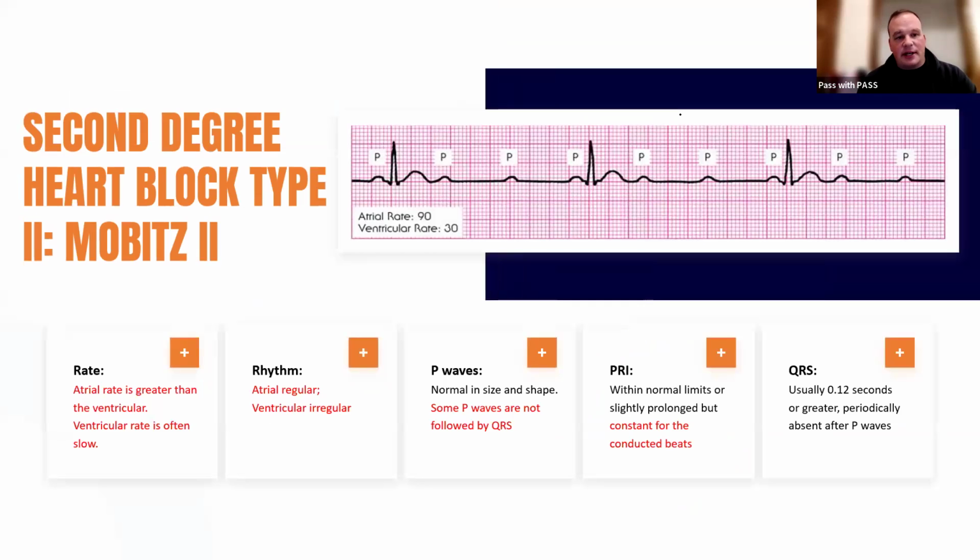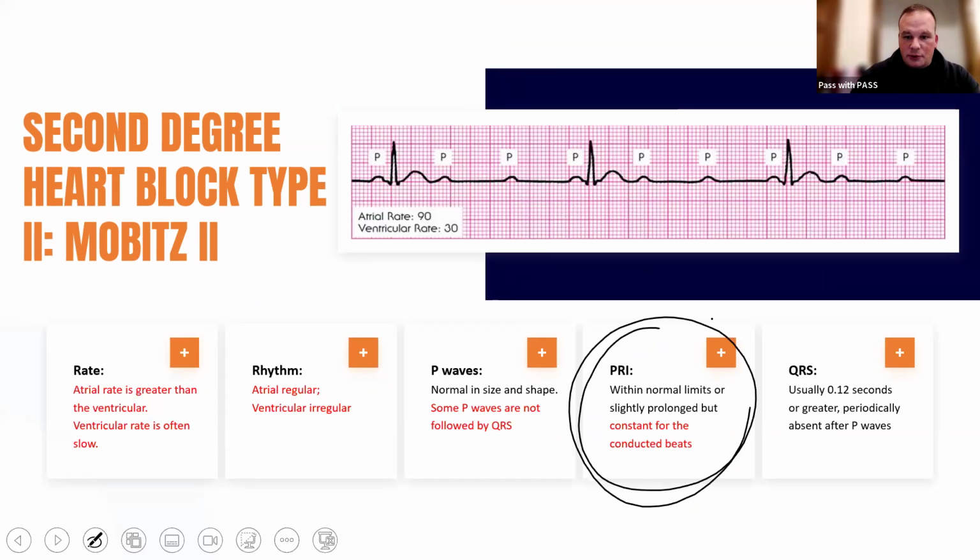Now let's talk about my second degree type 2. Look at your PRI. So let's look at this rule. Your PR interval is within normal limits or might be a little prolonged, but it is constant for the conducted beats.